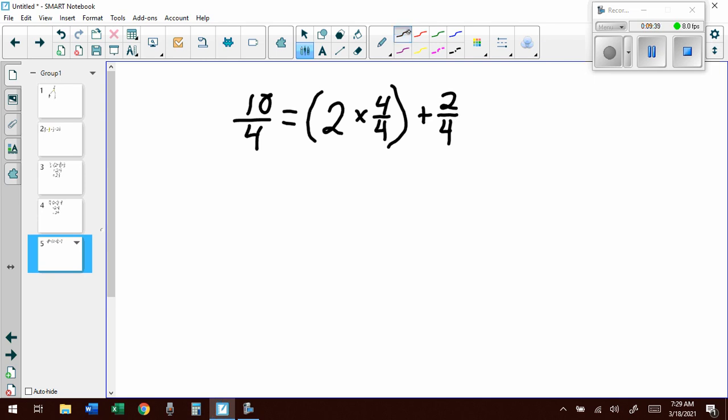So let's just focus on what is in parentheses right here. We learned how to multiply this out. 2 times 4 equals 8. Keep your denominator the same.